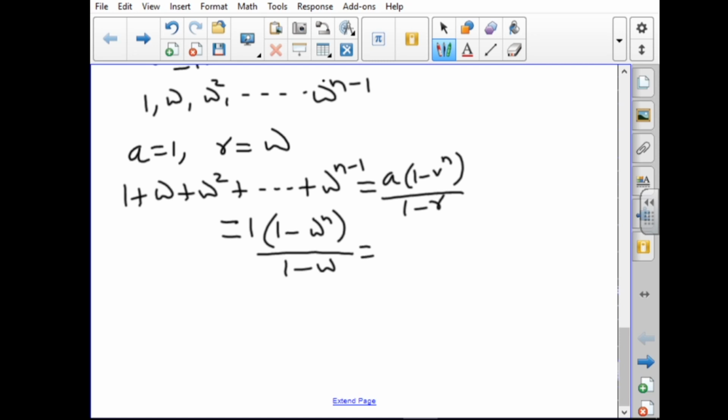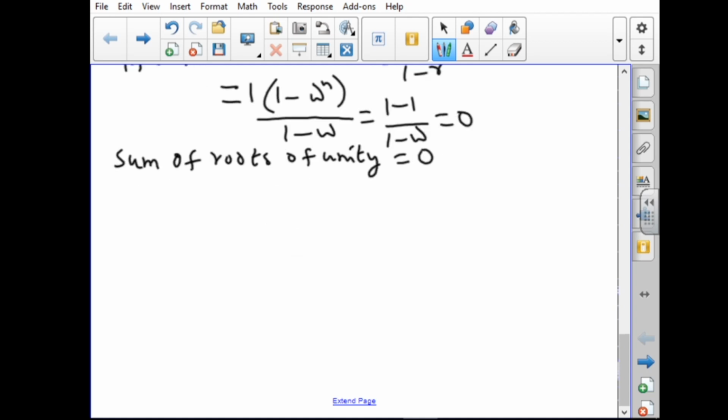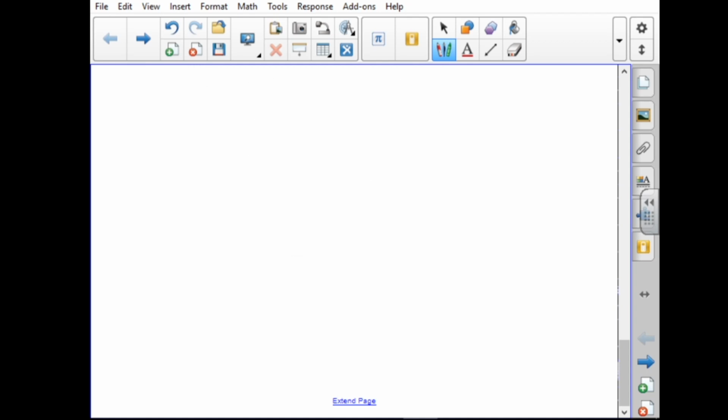We know omega power n is 1. So, 1 minus 1 by 1 minus omega, which is equal to 0. So, sum of n roots of unity is equal to 0.